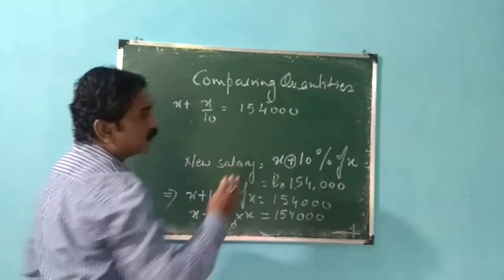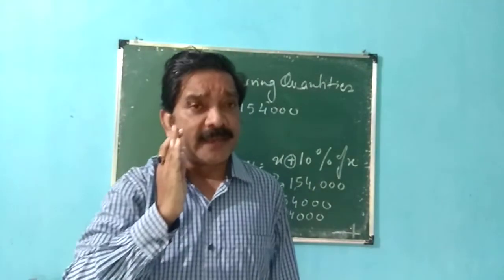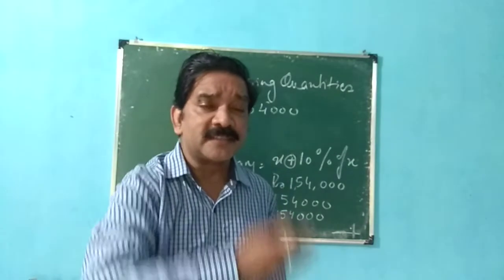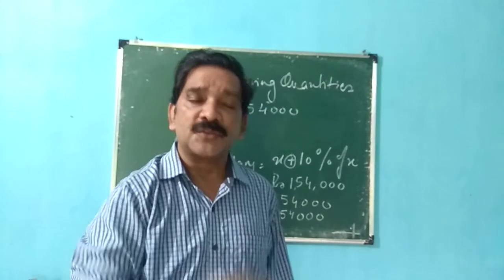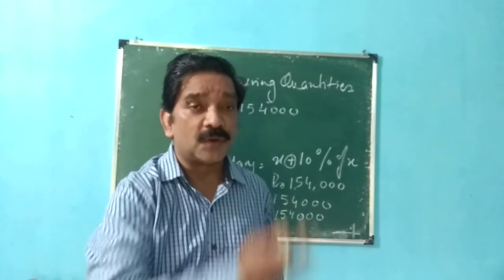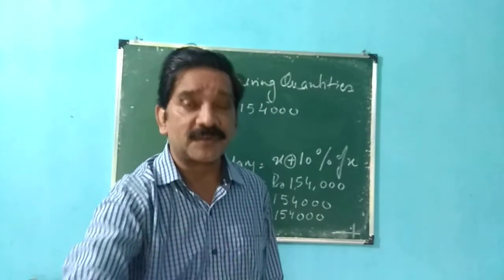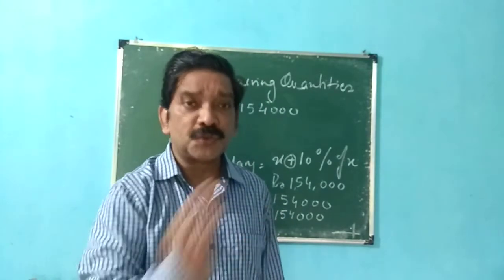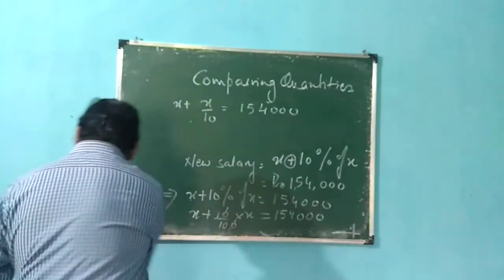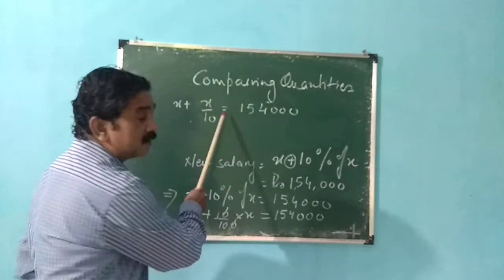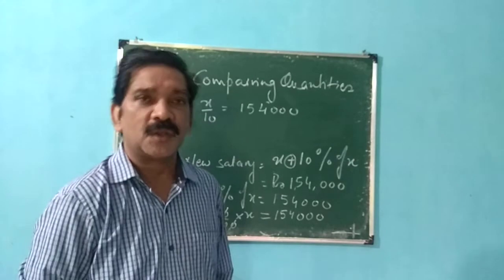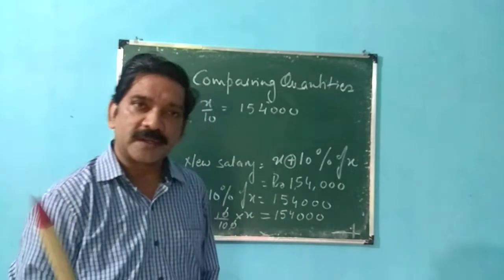Do it equally. Whenever you do anything on the left hand side, the same thing you do on the right hand side also. Suppose I am multiplying 10 on the right hand side, you multiply 10 on the left hand side also. Both should go equally. That is why this equation sign is given. Try to understand the meaning of equation. Do equally. Alright?